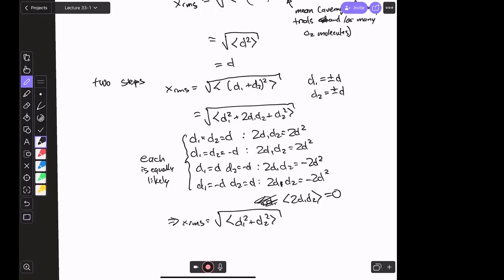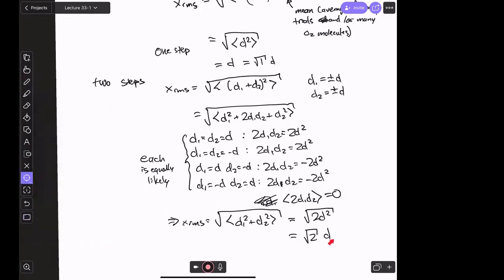Each of those on average is just D squared, so that's the square root of 2D squared, which is root 2 times D. Now notice this first one, for one step, we got just D. I could write that as the square root of 1, the number of steps, times D. So we're starting to see a pattern, that maybe X_RMS is the square root of the number of steps times D.